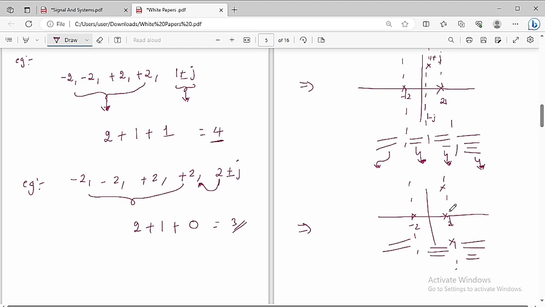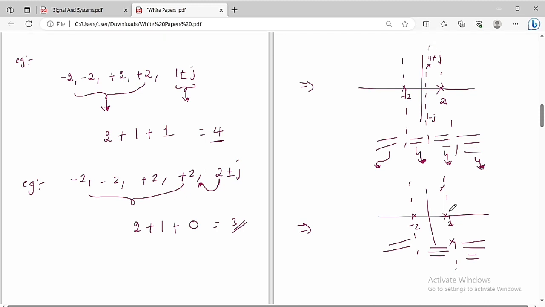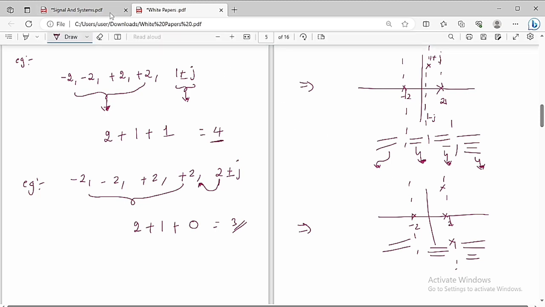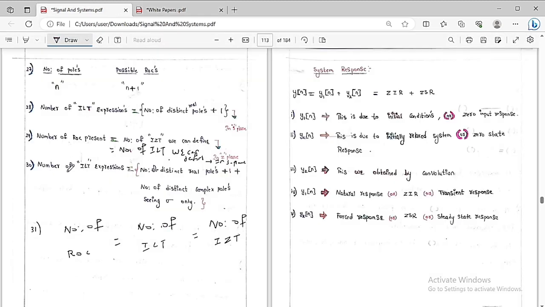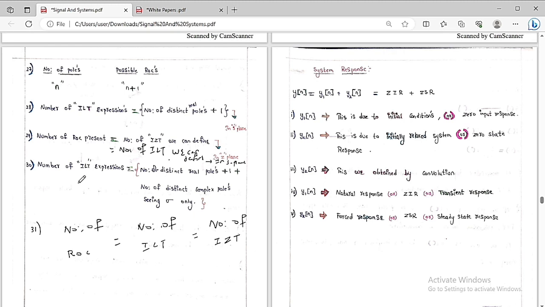The number of ROCs is nothing but the number of expressions, either inverse Laplace transform expressions or inverse Z transform expressions. So basically here, the number of ILT expressions means this many ROCs are possible. So for each and every ROC we are going to get the corresponding ILT or IZT expression.